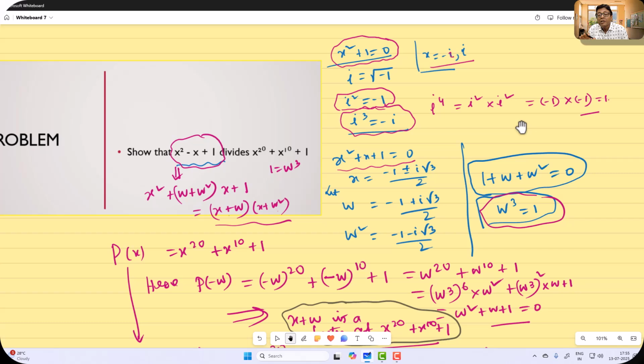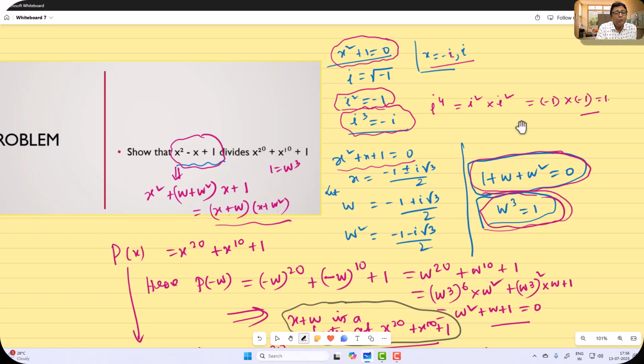If you have not done all these things, then I will share one link of my video on complex numbers with you. There you will find detailed calculation on omega and i. The sum of 1, omega and omega square is 0, and if you multiply these two, omega cube will be equal to 1.